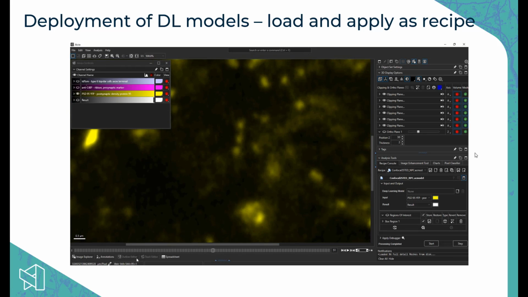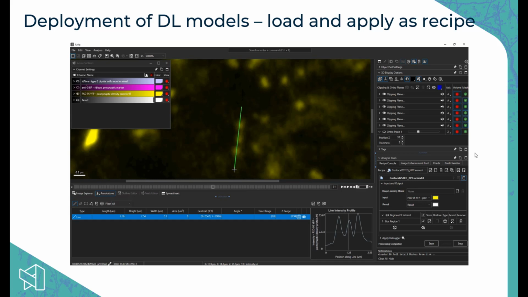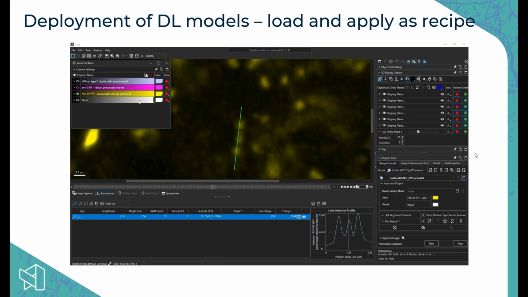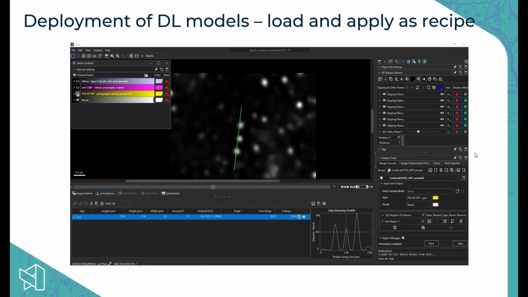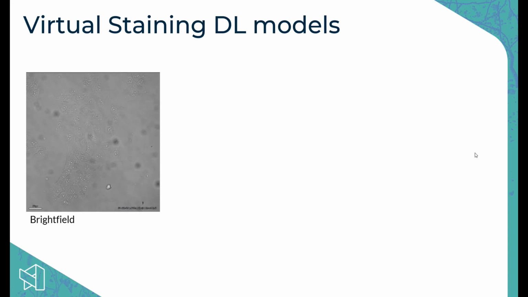And even though the model was trained originally for nuclear pores, here it's used for PSD95. It's a postsynaptic density marker, and you can see that the quality has increased significantly from what you can see in the green to the white signal. So we'll have a look at this data in a moment.